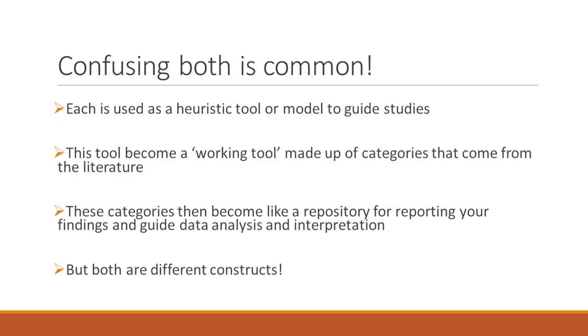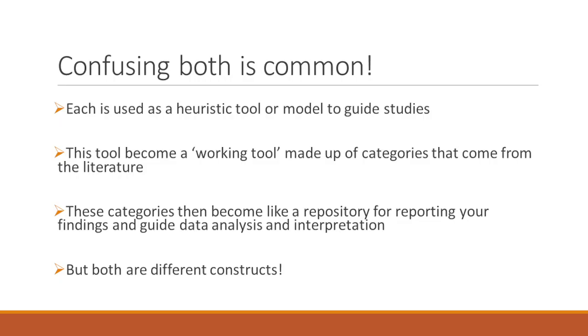On page 163 of their book, Bloomberg and Volpe give very useful information about the difference between theoretical and conceptual frameworks in research, and admit the confusion around what both represent. They explain why this confusion exists. Either of these frameworks is normally used as a heuristic tool or model that guides research studies.